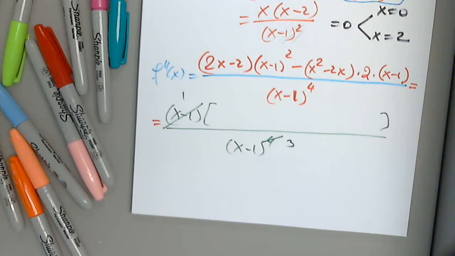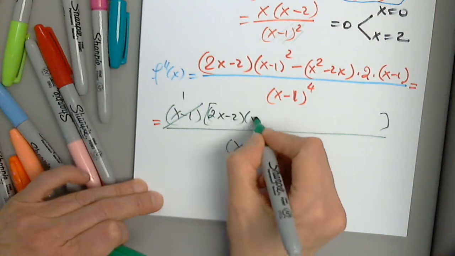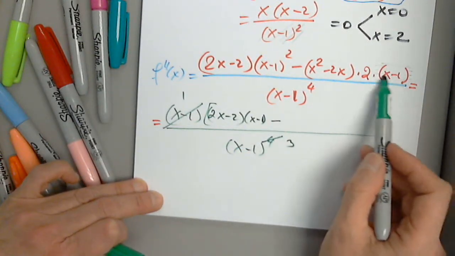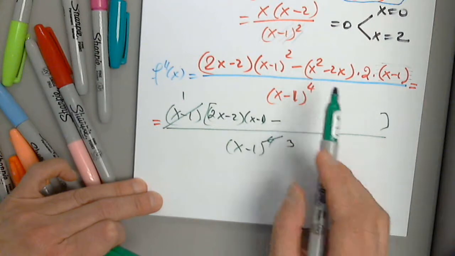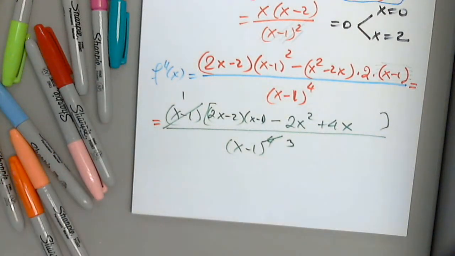Let's write it first before we multiply it for everyone to see. 2x minus 2, x minus 1. Minus, this is out. Here I can distribute. Minus 2x squared plus 4x. So that is okay. Minus 2x squared plus 4x. Now I will distribute here, see what happens, and then combine like terms.